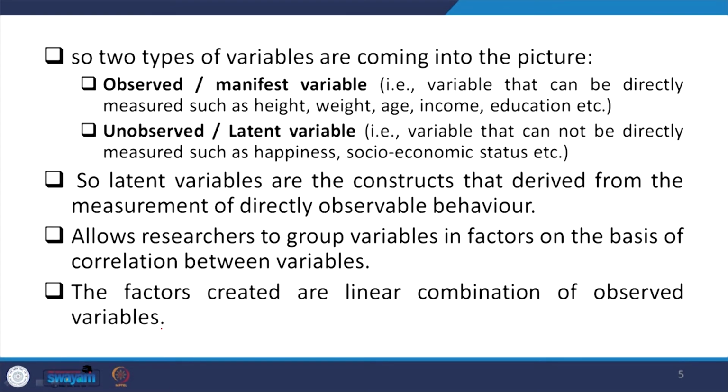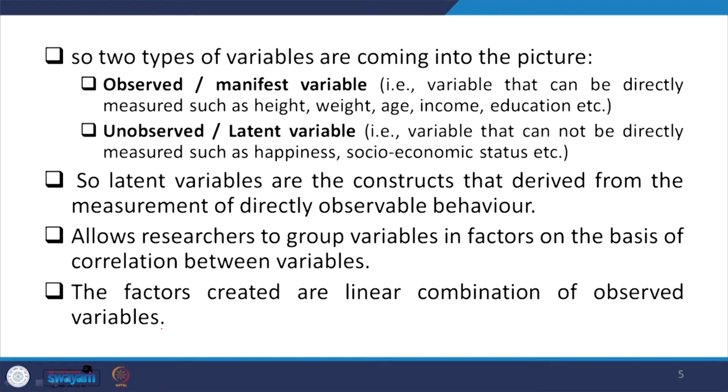Whereas, some variables, like if you try to understand happiness of a person, or empowerment of women, okay. Empowerment of women is composed of so many variables, such as socio-economic status of the persons. Or, for example, you are working in an organization and the employer has taken feedback from different perspectives, different directions.